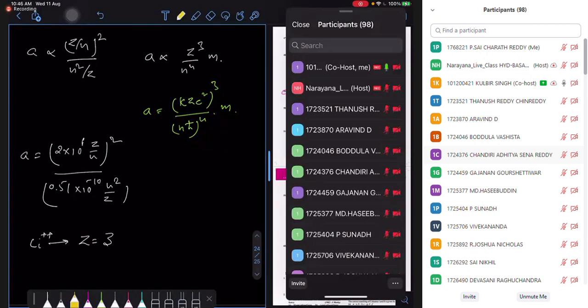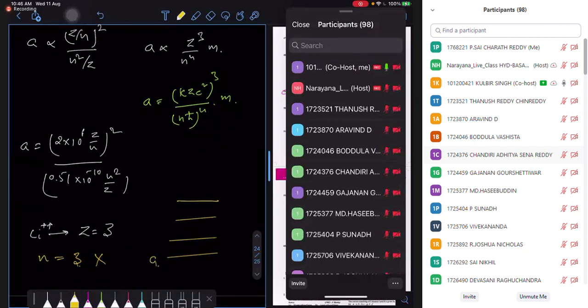But the next thing is that it is in the third excited state. Can I say n value is 3? No. For the third excited state, n equal to 1 is basically my ground state. Then you have excited state 1, 2, and 3.